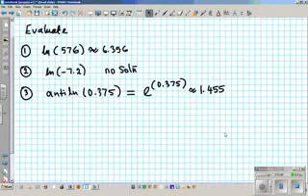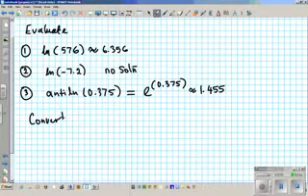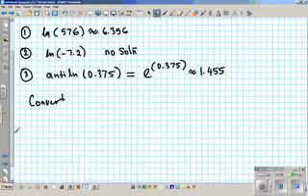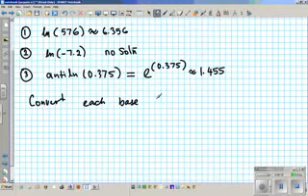Let's move on to conversion. Okay? So we're going to convert each base to natural logarithm.